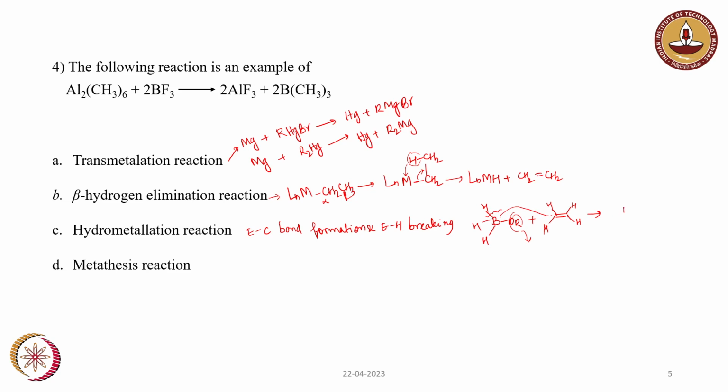So it will be BH2-C, and this C has 2 hydrogens, and the hydrogen that is removed from boron will be given to the next carbon. So that carbon will have 3 hydrogens after the reaction. So this is hydroboration.